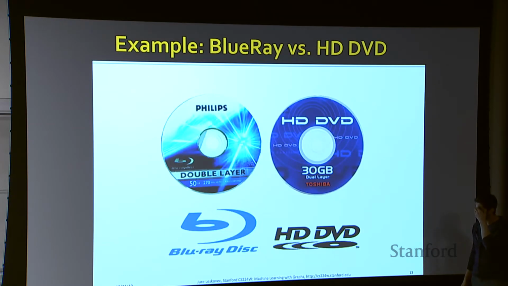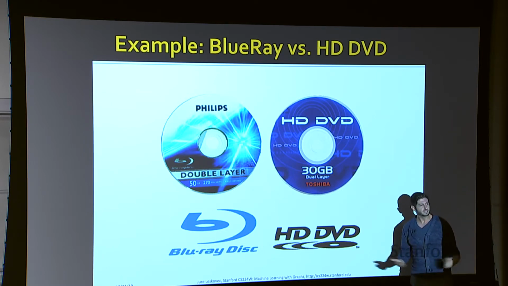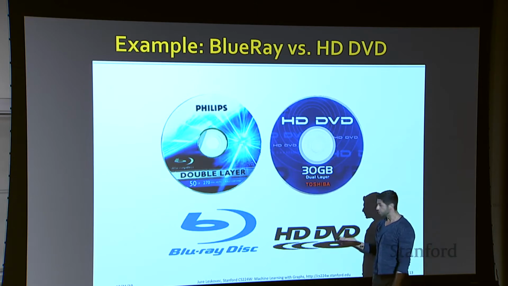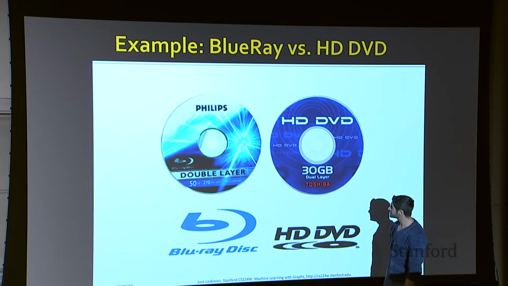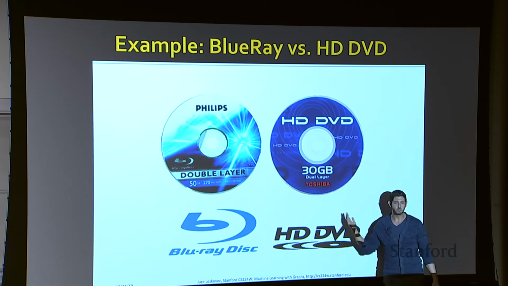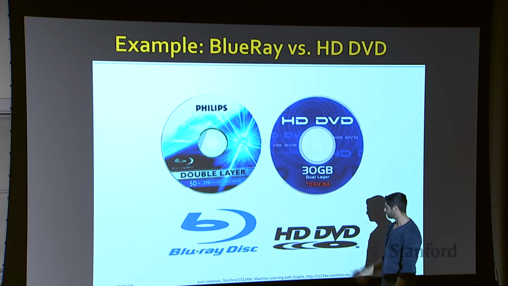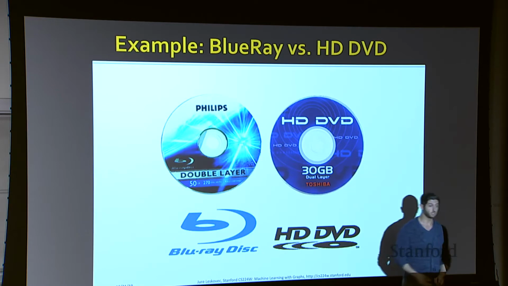Now, a more recent example that you might have experienced yourself is exactly the same battle, which happened a few decades after. We had Blu-ray versus HD DVD. Once again, it was kind of unclear which one of them was the best tech, and Blu-ray ended up winning the battle, and HD DVD pretty much disappeared.